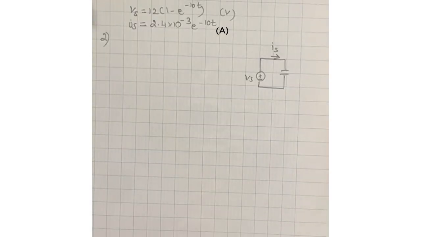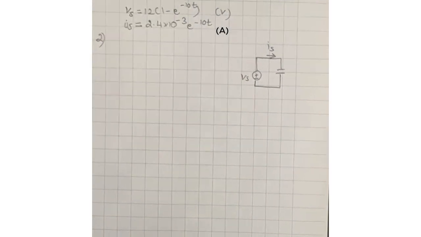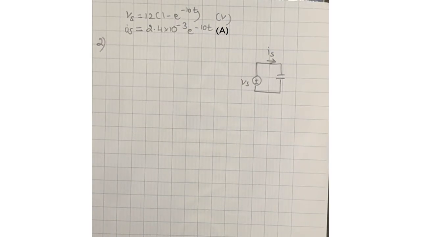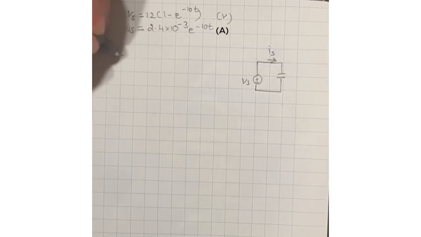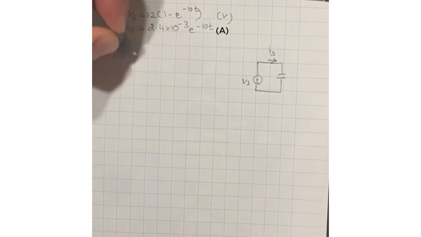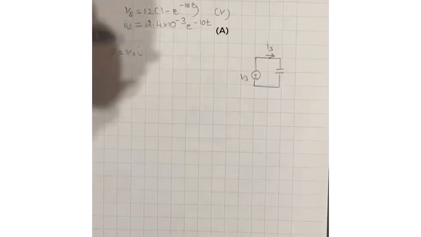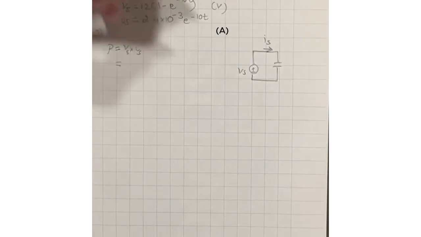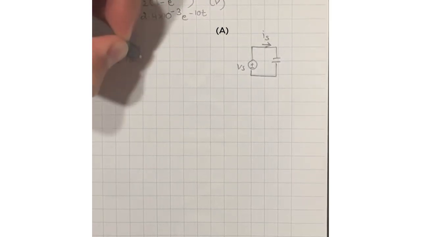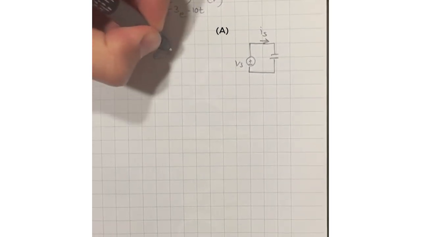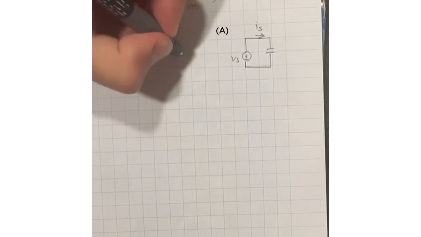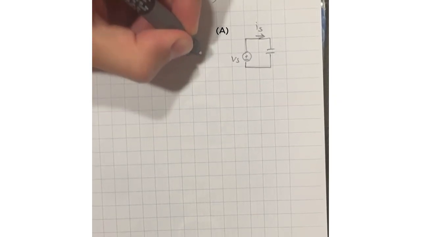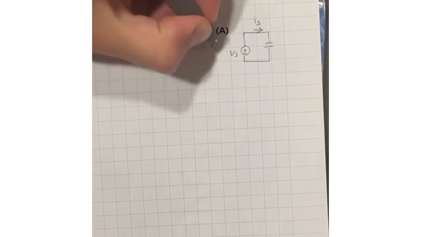Now for question 2, we are asked to find the power and the energy stored in the capacitor as a function of time. So for the power, we know that the formula is V times I, where we know that Vs is this and Is is this, so we will just multiply them out. So we'll get 12 times 1 minus e to the minus 10t, times 2.4 times 10 to the minus 3 e to the minus 10t.